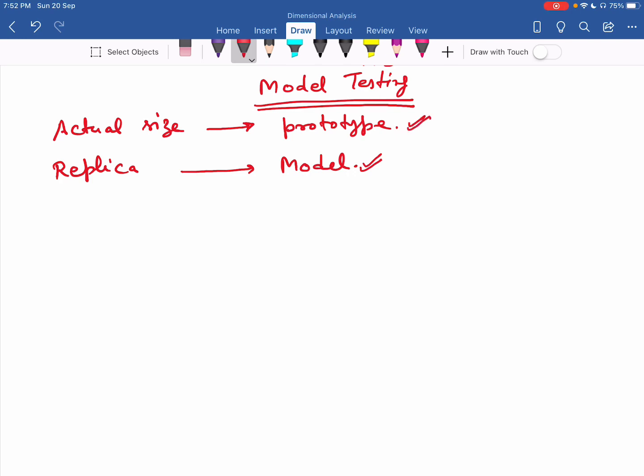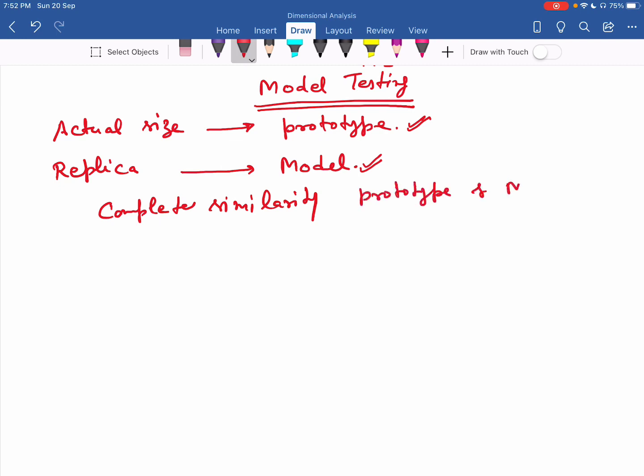Now, this prediction needs to be accurate. For the prediction to be accurate, there should be a complete similarity between the prototype and the model.